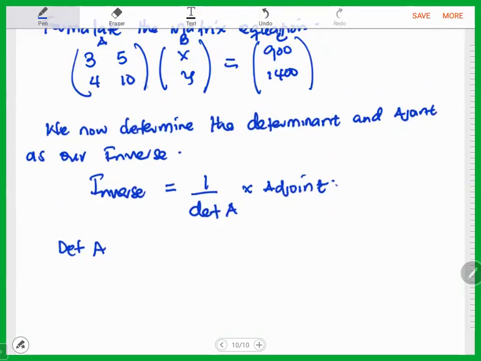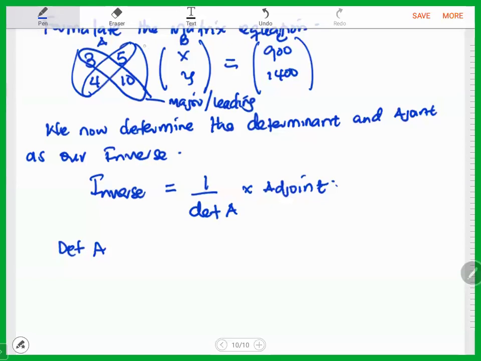So the major diagonal, we say it is this. That is the major, or leading. And the minor diagonal is this, or secondary diagonal.